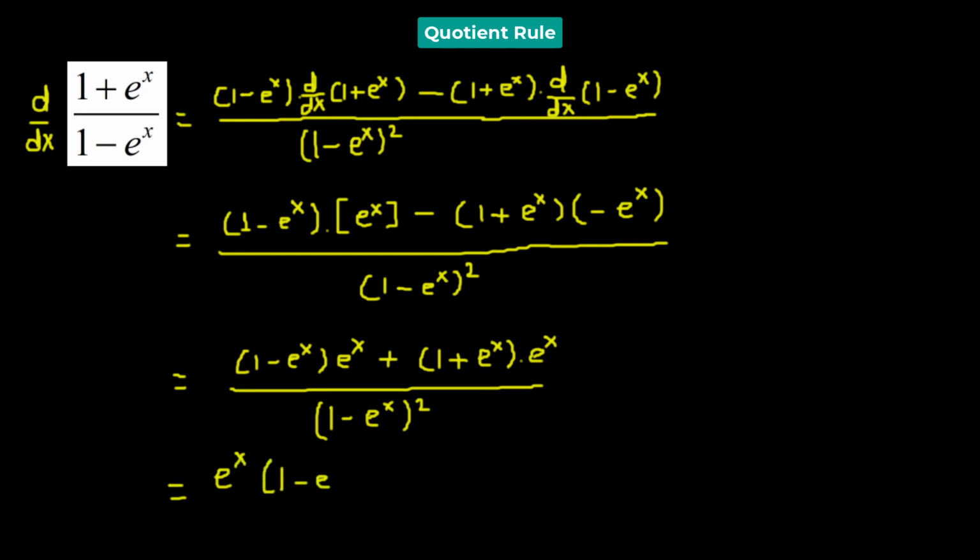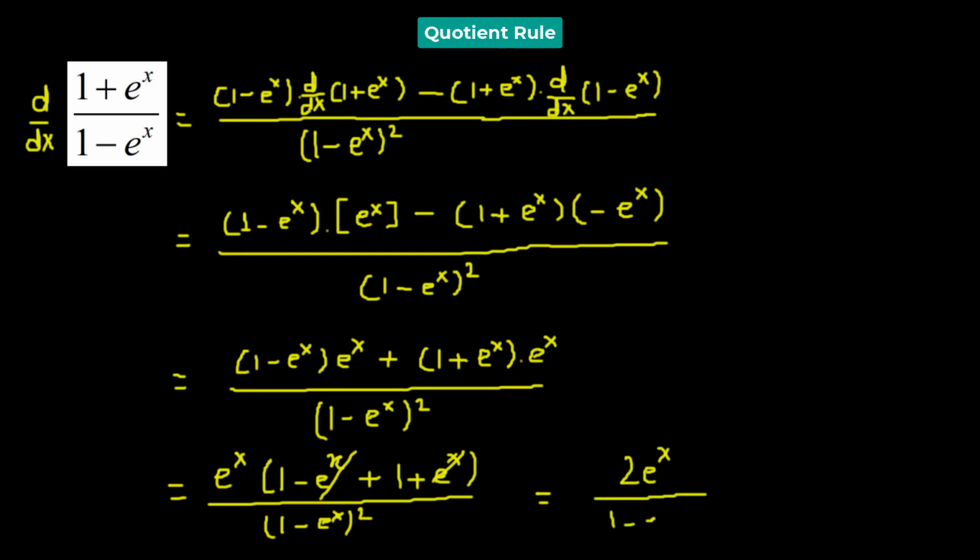We have 1 minus e raised to the power of x plus 1 plus e raised to the power of x divided by 1 minus e raised to the power of x whole squared. So e raised to the power of x and negative e raised to the power of x cancels out. So we get 2 times e raised to the power of x divided by 1 minus e raised to the power of x whole squared. So this is the derivative of the given function with respect to x.